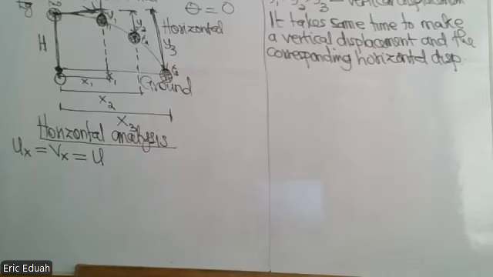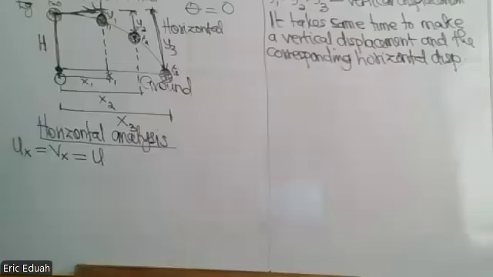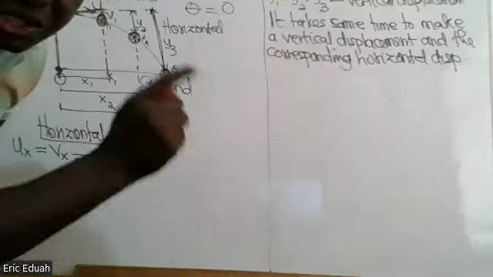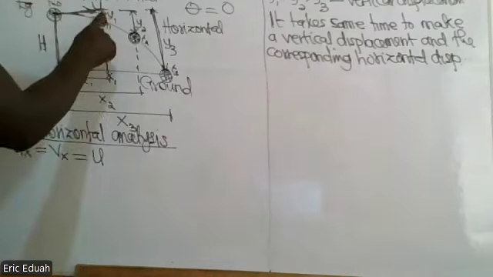So these are the reasons why the initial horizontal velocity is equal to the final velocity, and they are all equal to u. U is the velocity of projection given to the body to move. So if you are throwing a shot put, that applied force gives it that velocity to move, and that is u.